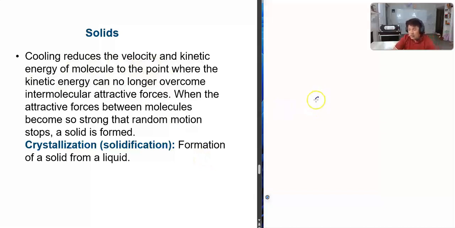Once the liquid has molecules moving, if their velocity is more than the intermolecular force, so that these two are together, right?